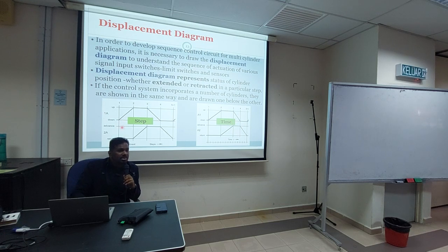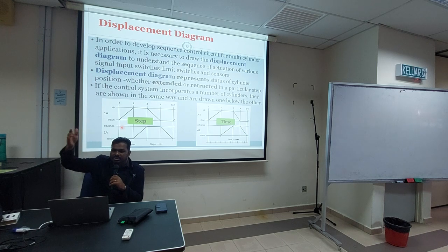So kalau cylinder extend, tadi kita tahu kan ada sequence 1, sequence 2, sequence 3, sequence 4. So sequence 1 until you lukis dekat atas. So 1A dengan 2A ni apa? So what is 1A and 2A?